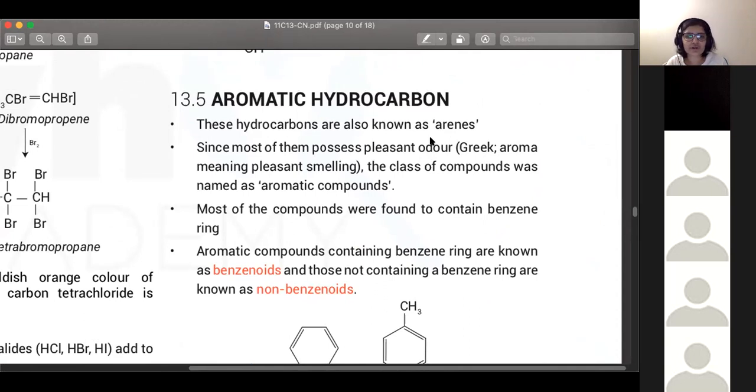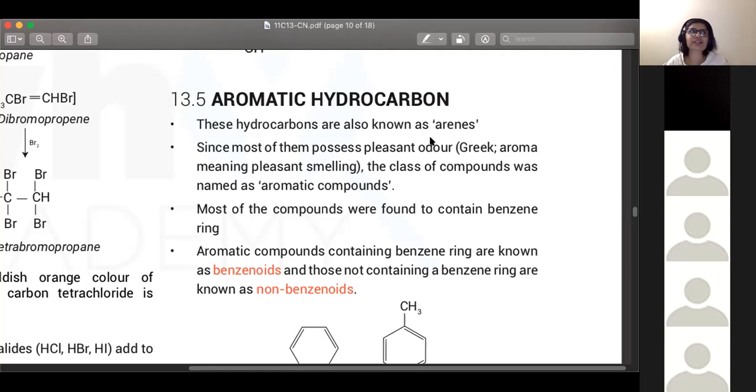That's the reason they are called aromatic compounds. They may not always be pleasant smelling. Like all of you must be familiar with naphthalene. So it has that characteristic smell, right? Mothballs.